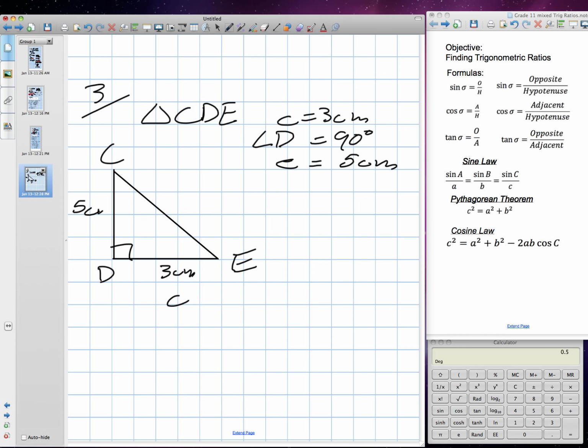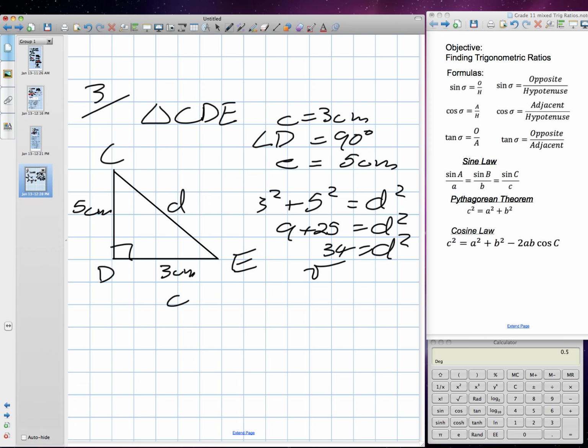So right away, I know I can use Pythagorean theorem to solve for the hypotenuse. 3 squared plus 5 squared is equal to D squared. That gives me 9 plus 25 is equal to D squared. 34 is D squared. Root 34 is D. D is equal to 5.83 centimeters.